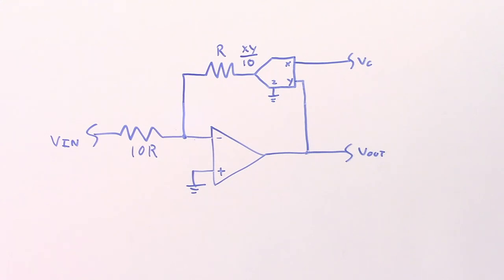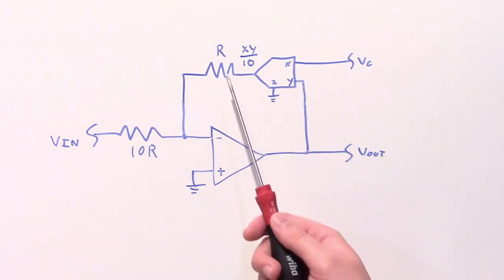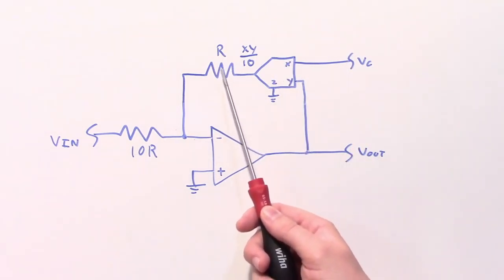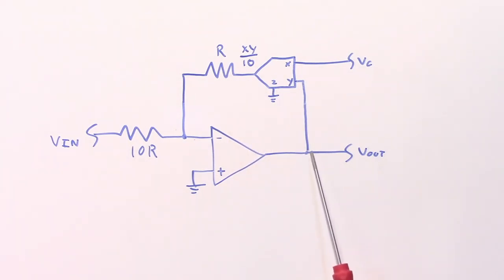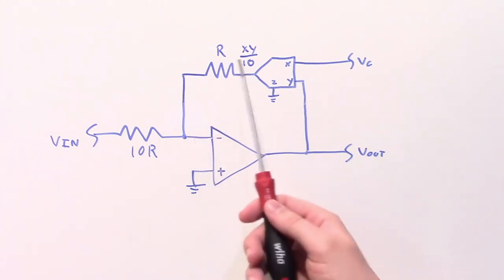Another very interesting application for analog multipliers is that of a voltage-controlled resistor. So to see how this works, let's first consider this inverting amplifier and pretend like this multiplier is not here. As we decrease this feedback resistor, for some given amount of voltage on the output of the op-amp, it will feed back more and more current.